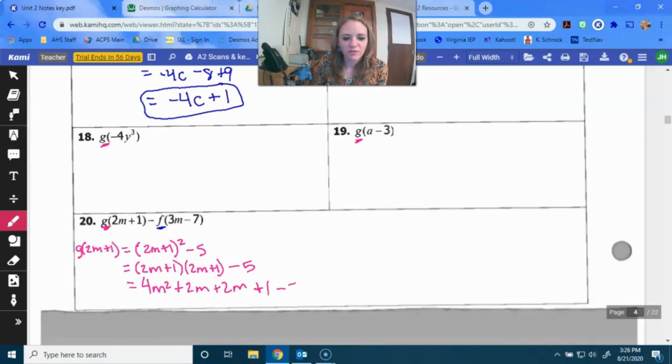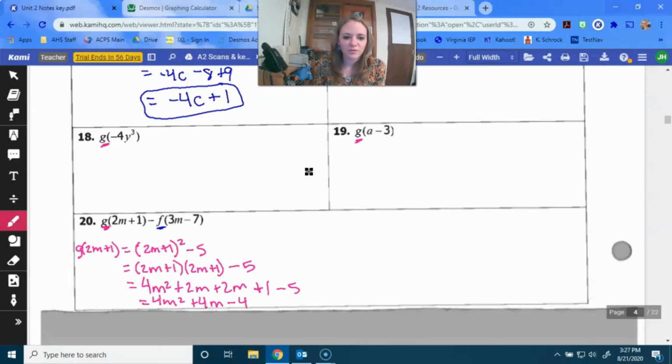And then minus 5. So simplify these two. 1 minus 5 is -4, so I've got that for my pink.